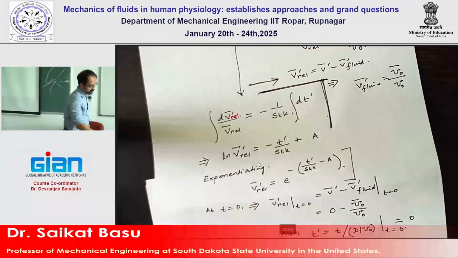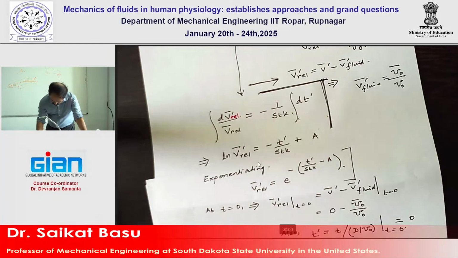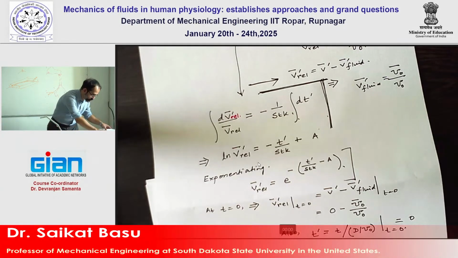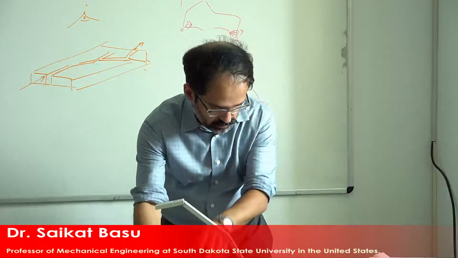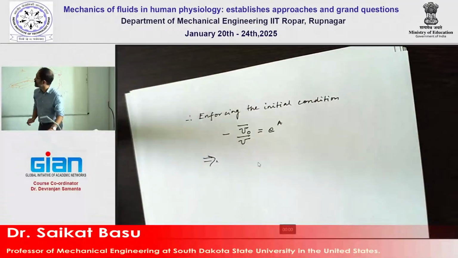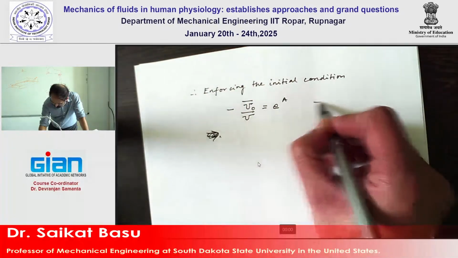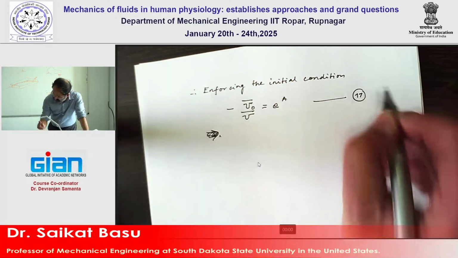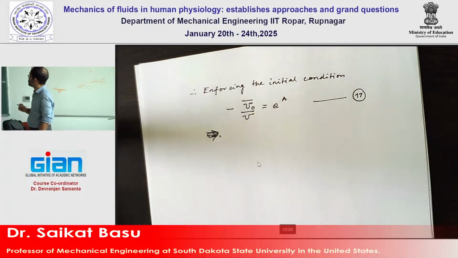So just putting those things in, this is what we have. We are going to use this in the subsequent steps. So let's call this equation 17 for now. But for the equation numbers, follow my lecture notes because those things can get confusing eventually.